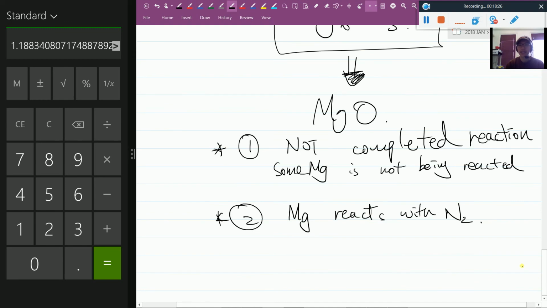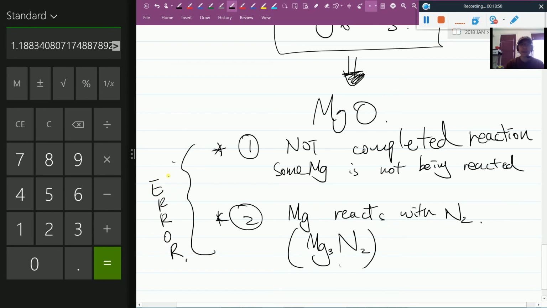When it reacts with nitrogen gas, it forms magnesium nitride, Mg3N2. We don't worry too much about the compound's name, but this is some impurity, which is not the MgO that we want, and that creates some error in our experiment. We call this error, and in your prac you should mention error, and then you have your conclusions after.